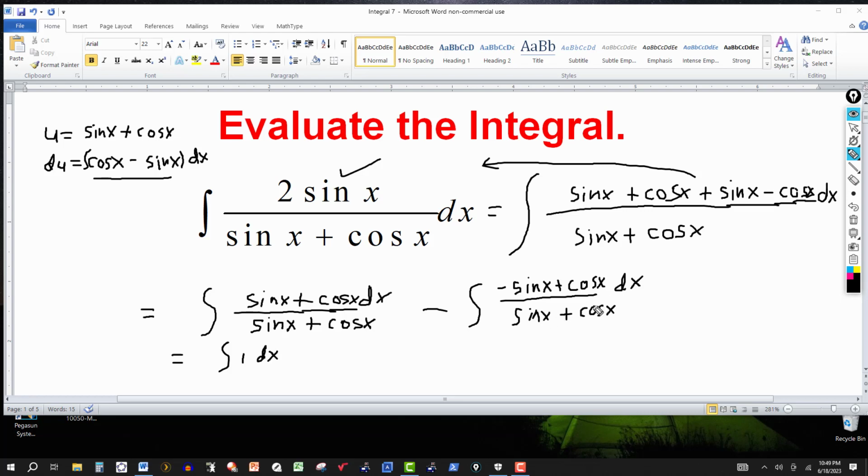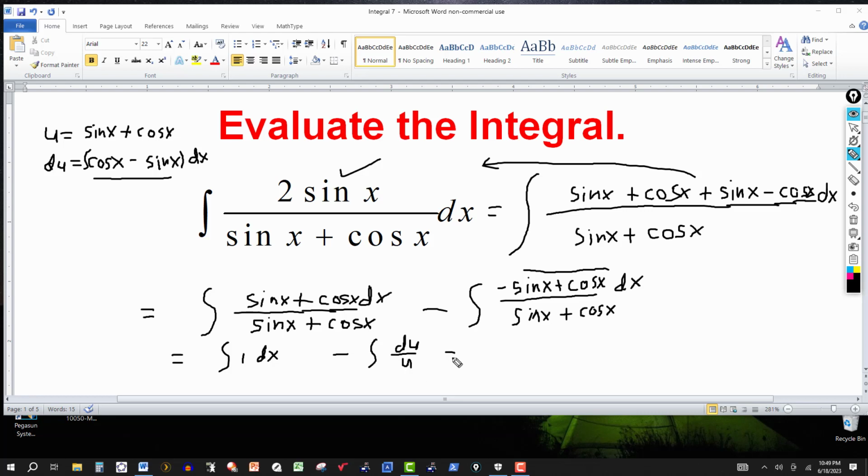And then here, this is minus the integral. So this will be u here, and this part in the numerator is going to be du. So this will be minus, and this will be du over u.